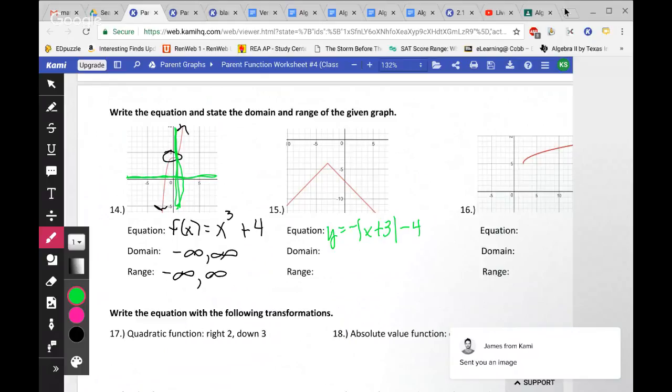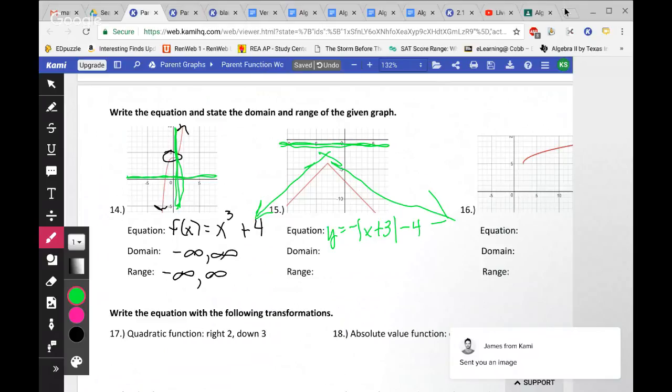Actually, all x's are a possibility because if you think about it, the x's are the ones that run this way. So this is going to continue on and on and on, and this is going to continue on and on forever and get wider and wider. So every x would be a possibility. Does that make sense?